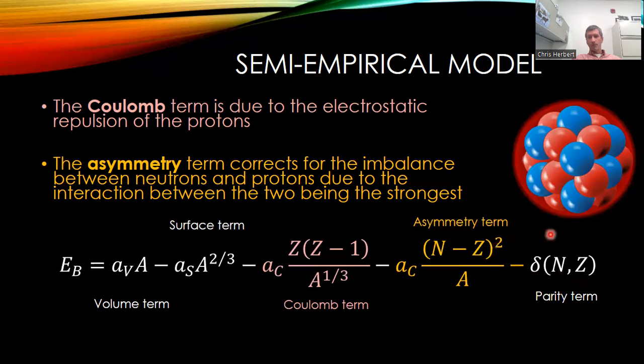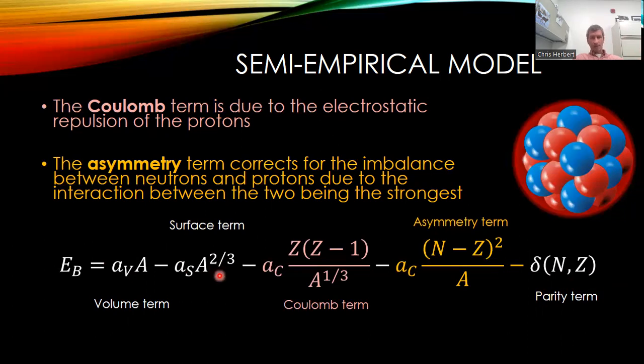I won't go through that too much, but it also is somewhat of a correction in terms of the neutrons and the protons. So again, semi-empirical model, we think if you increase the number of nucleons, that's going to increase the strong force. We have to take into account that the nucleons on the surface are going to be less tightly bound than the ones in the interior.